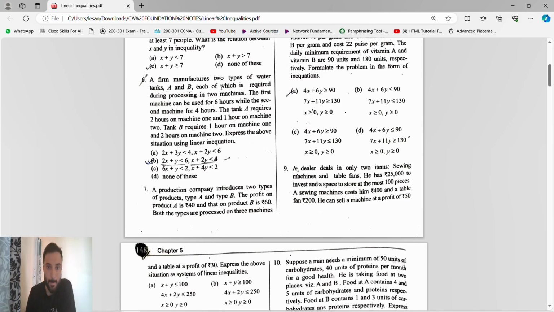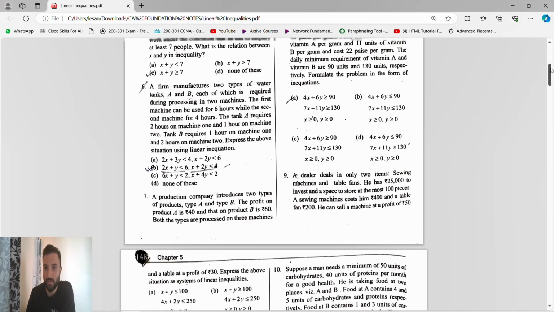So the first machine can be used for 6 hours and the second machine for 4 hours. Means first machine will be 6, second machine will be 4. So this is eliminated. It's a series. First machine is 6, second machine is 4 hours. Like this we can do.